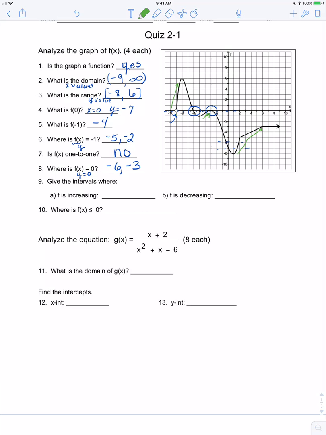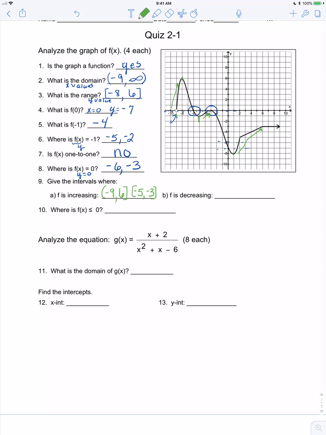So the first one here starts at -9 and it increases up to the point 6. Then the next time it starts increasing is right here at -5, and it goes up to -3.